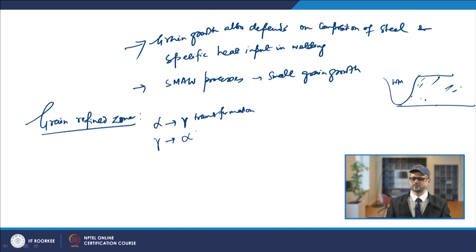Now the next zone after the grain refined zone is your partially transformed zone. The grain refined zone starts from the upper critical temperature and goes to a maximum of 1100 to 1150 degrees centigrade, and after that you have the partially transformed zone.